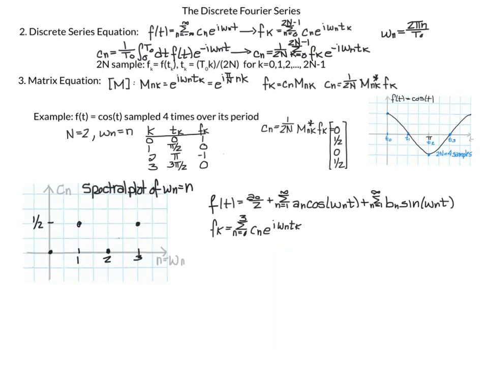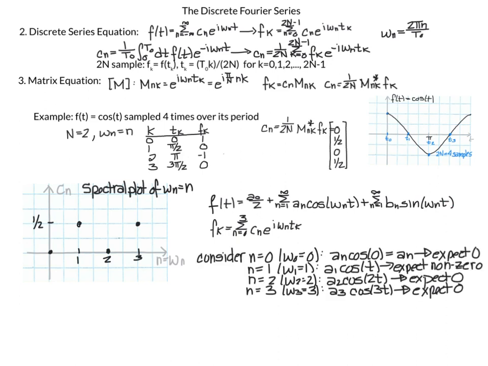So these omega n's in our formula for f of our discrete k function are related to these omega n's in our Fourier transform over here. And the Cn is not going to be equal to the An and Bn, but it's related, and it's relating these same frequencies. What I want to do is look at this spectral plot.